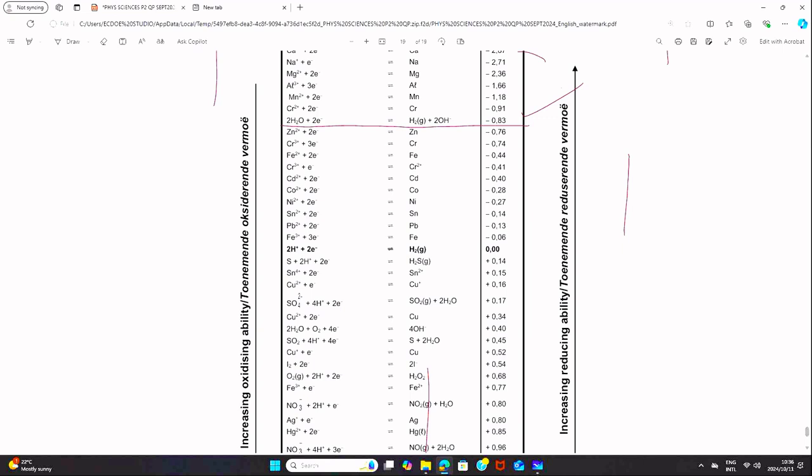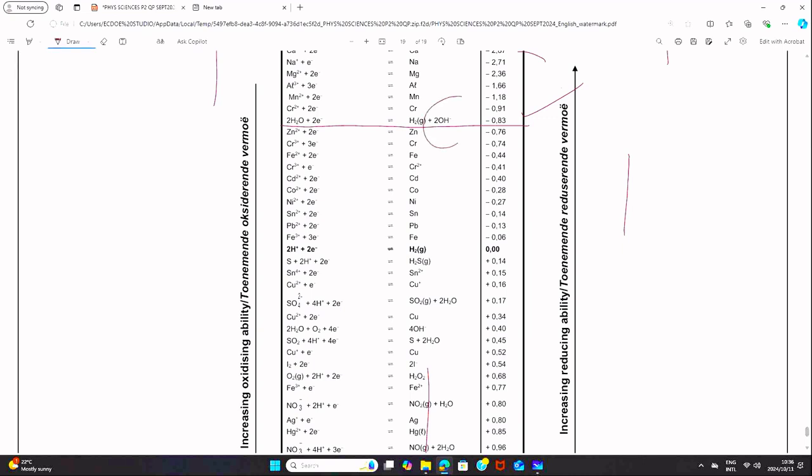And now there is also this substance that is produced there. So we have got OH minus ions that are released. What does that tell us? Remember when we were doing acids and bases, we said that substances that release hydroxide ions are basic, and substances that release hydronium ions are acidic.